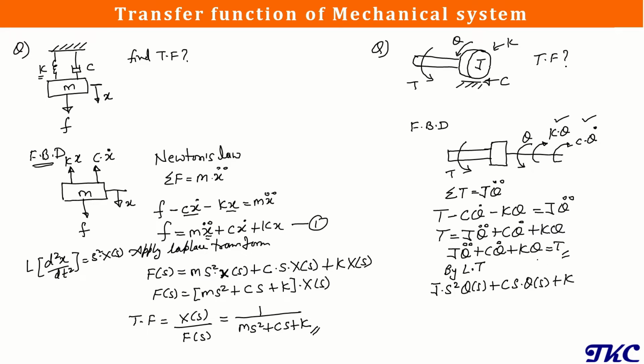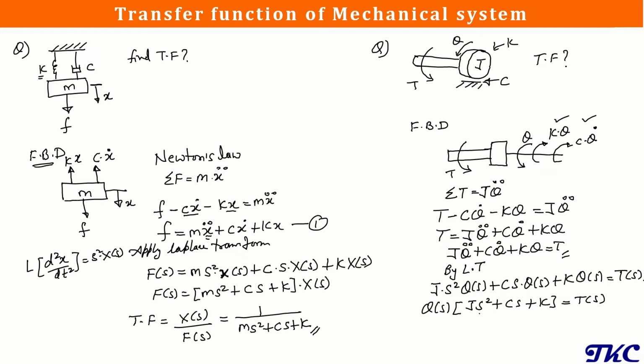K is constant, and again Laplace of theta will be theta of S, and Laplace of torque will be T of S. So from the left hand side we can take theta of S common. So in the bracket we will have Js square plus Cs plus K, and that is equal to T of S.